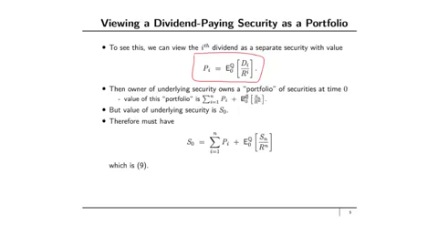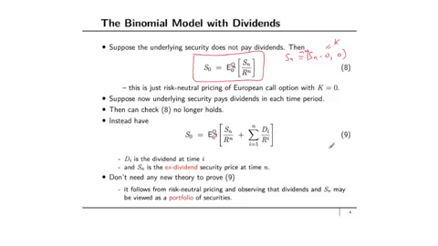But of course, we also know that the value of the underlying security is S_0. So S_0 must be equal to this quantity here. Okay? And so we get S_0 equals the sum of the p_i's plus this quantity, and that is just equation 9.